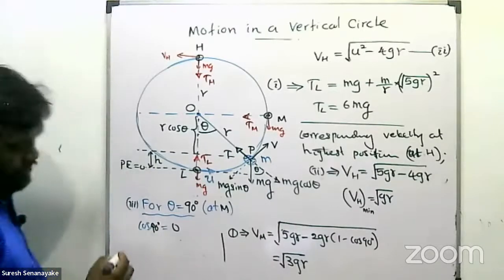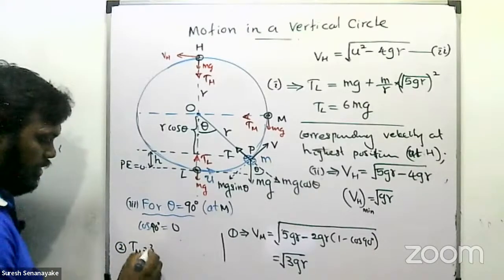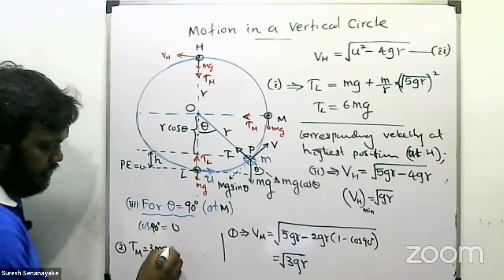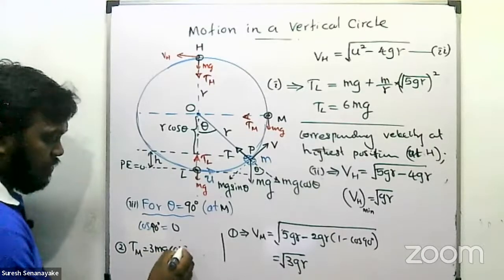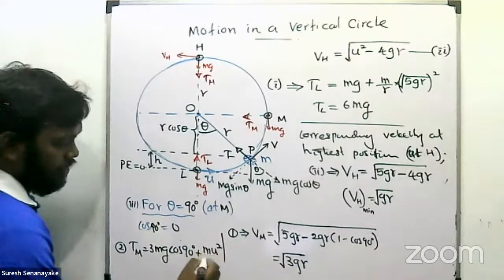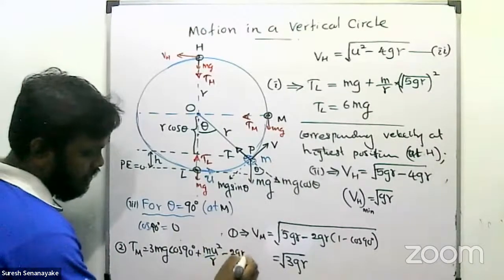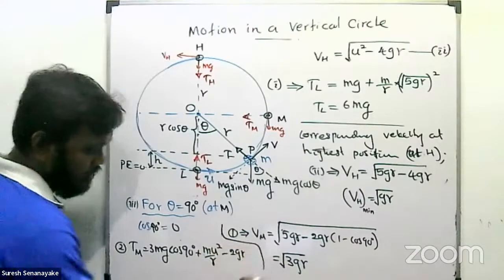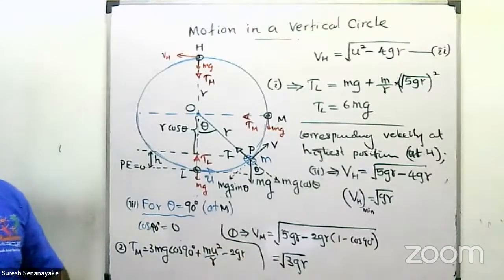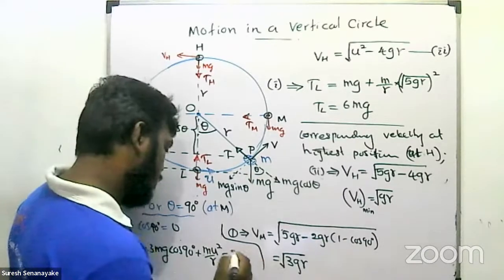The second equation: T equals 3mg cos 90 degrees plus mu square over r minus 2mg. Minus 2mg, sorry.